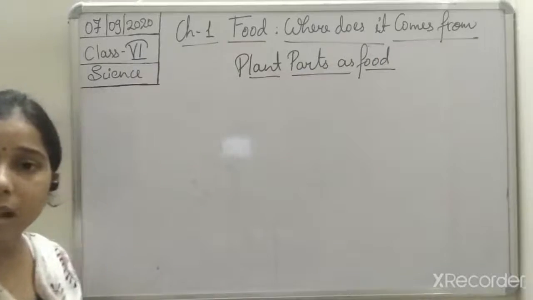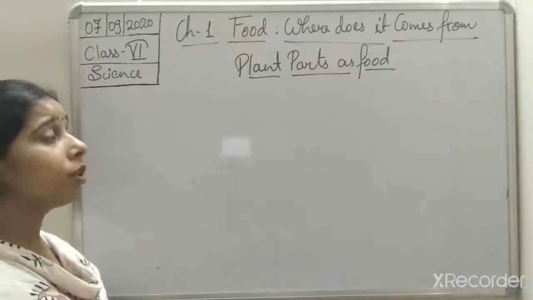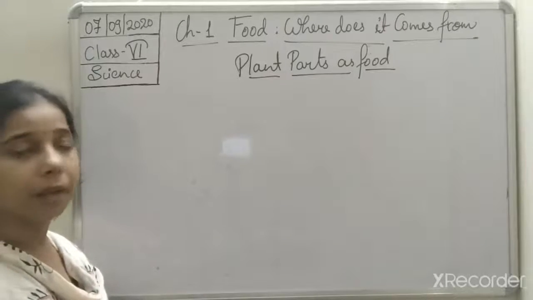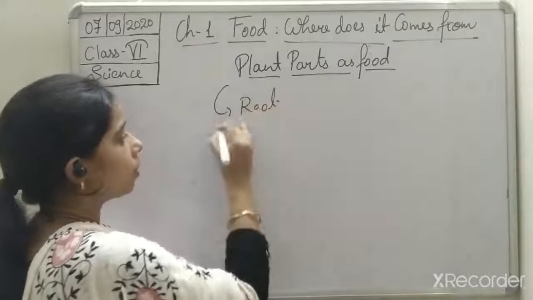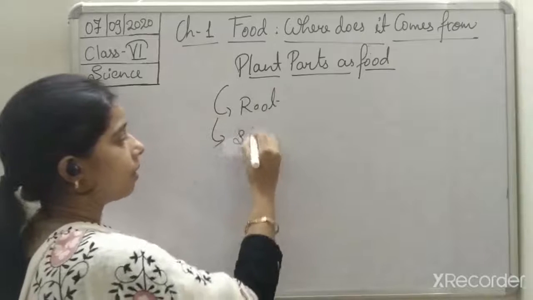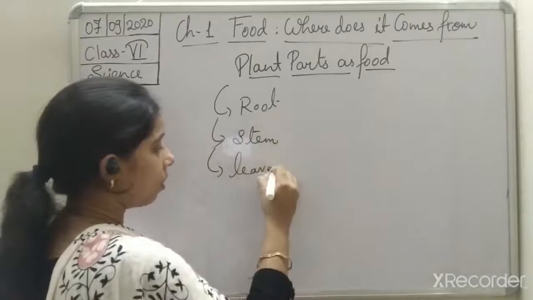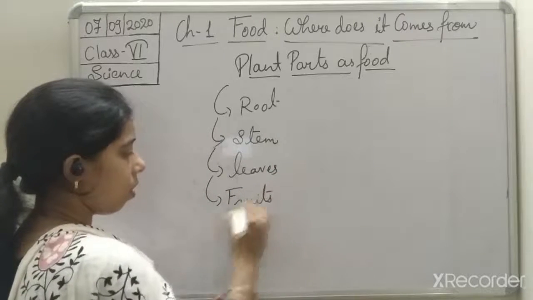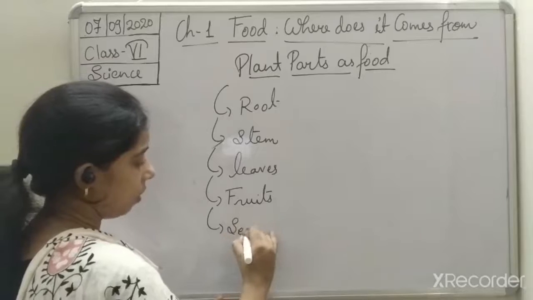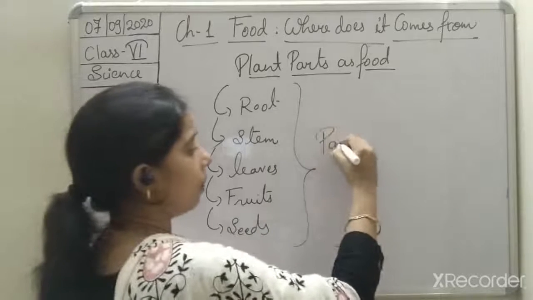Plant parts as food. So if we talk about the plant parts, students, the different parts of the plant include the root, the stem, leaves, fruits or seeds. So what are these, students? These are the parts of the plant, right?